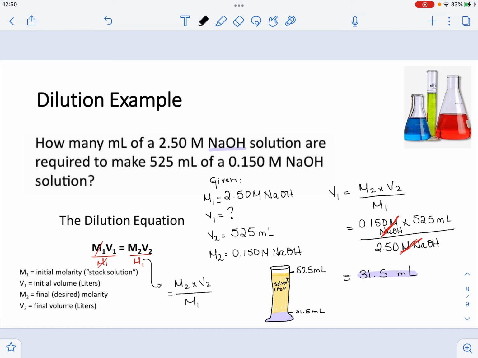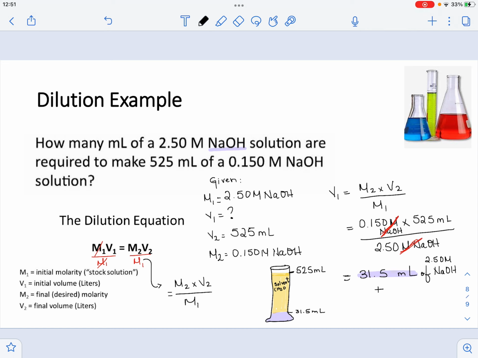So overall, how I made this solution is that I took 31.5 milliliters of that NaOH solution that started at 2.50 molar, and I added to it.